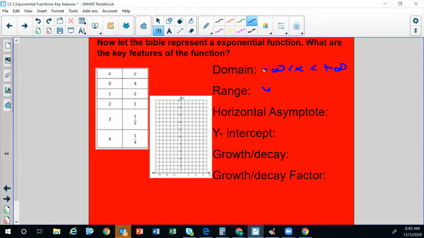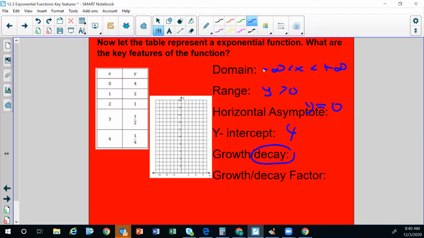Outstanding, Jacqueline. My asymptote is going to be, Preston, y equals 0. And my y-intercept, 4. Is this a growth or decay? You can tell because the y values are going down, decreasing, so that's a decay.